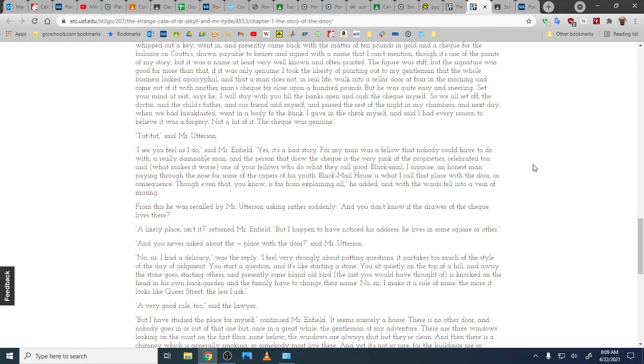So now, they took the check to the bank. It was real. And Enfield is thinking, how did he get that check? How did he get a respectable name to sign off on it? How does he know this guy in the first place? And he thinks maybe it's blackmail. Like maybe the respectable man did something years ago that he owes a favor to this monstrous, villainous man.